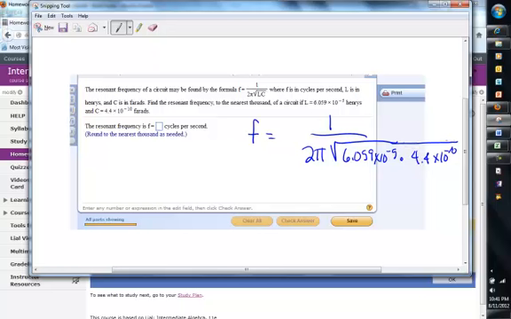Clear. Fraction 1 over 2 pi. Now the pi key is, I'm sure it's on here someplace. I've seen it a million times. Oh, there it is, bottom row, right next to answer.